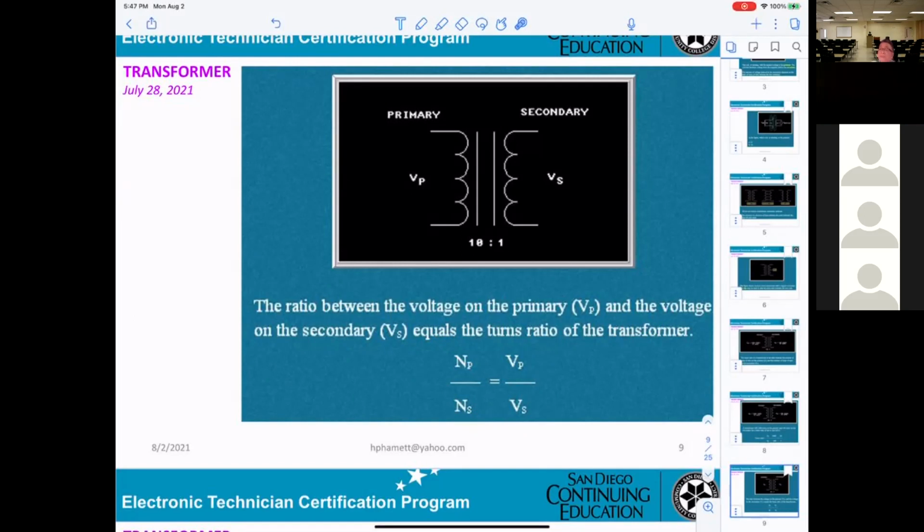Any questions, Mr. Brown? Yes, I have a question. Go ahead. Regarding the turns, the gauge of wire does have a factor for the voltage output regardless of the turns of the wire, correct? Yeah.